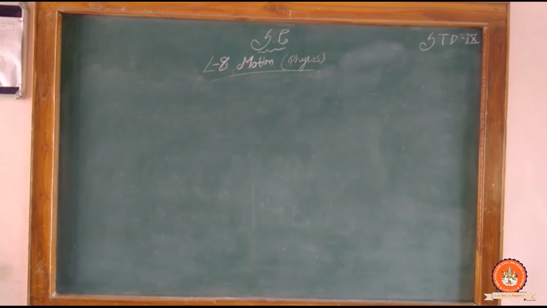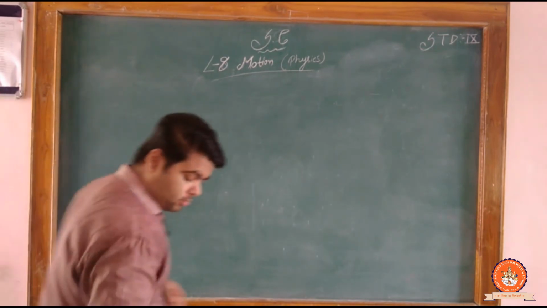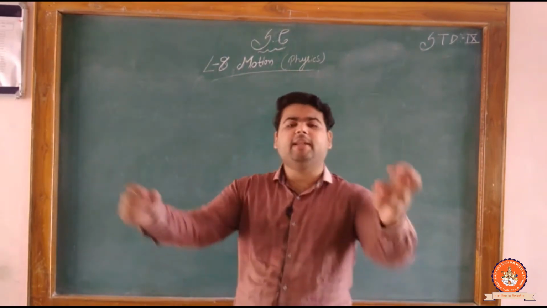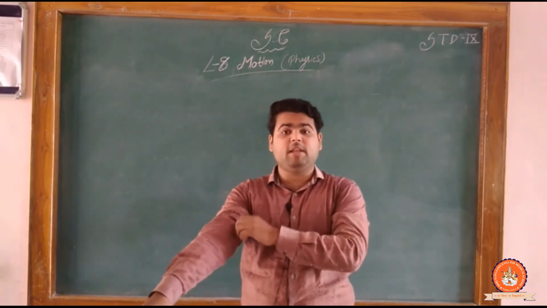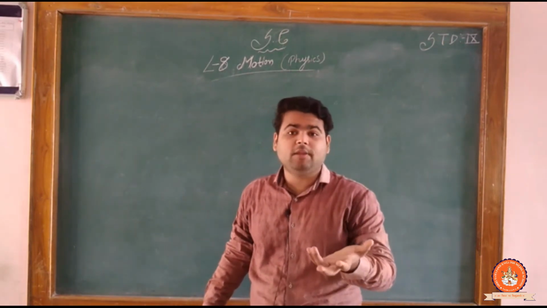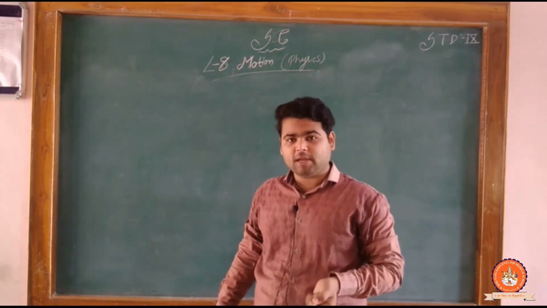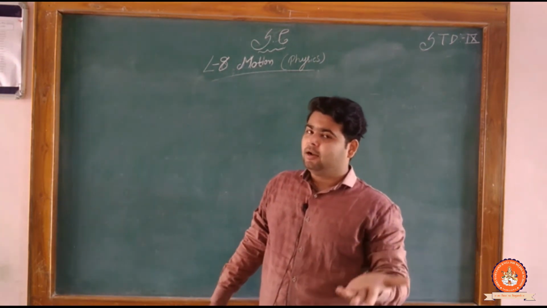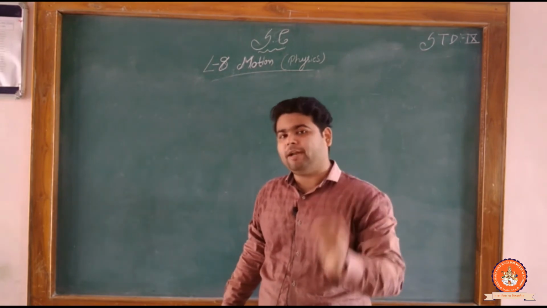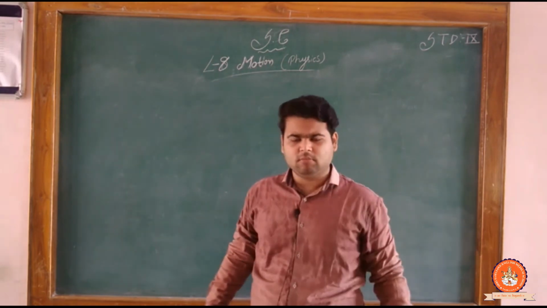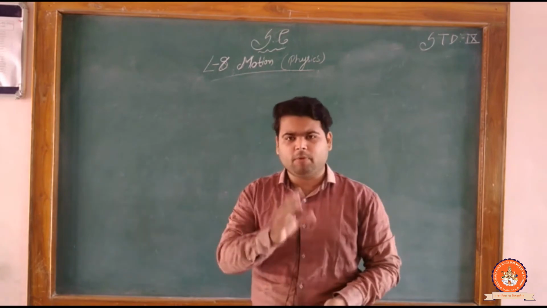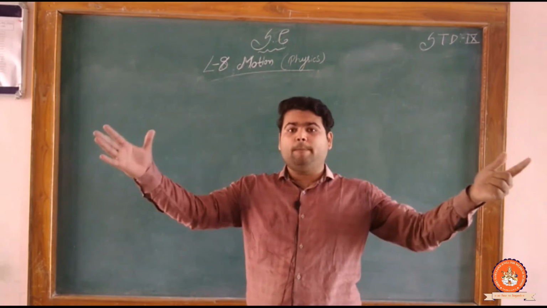Okay. The first, second and third equations of motion are very important and are the heart of classical physics. If you want to find the speed of the object, the distance of the object, the time, acceleration, anything, these are very important for objects.